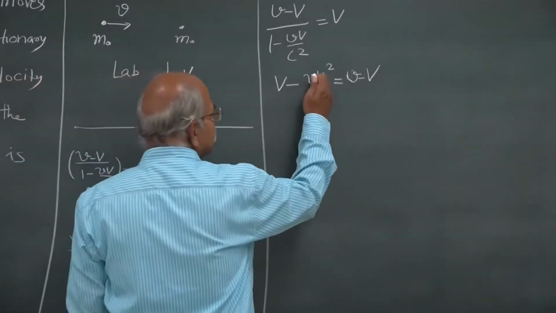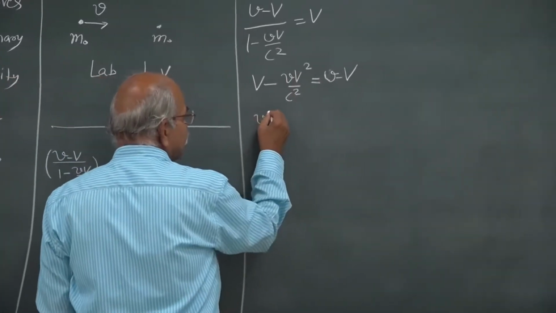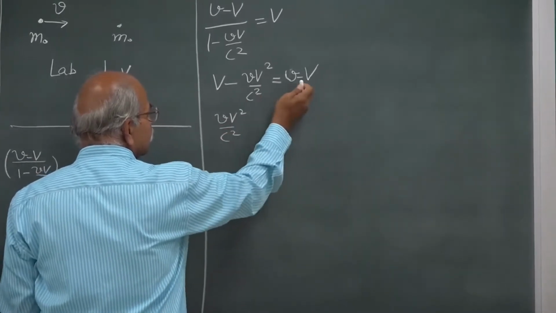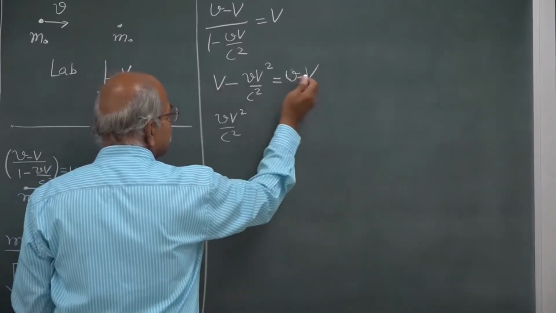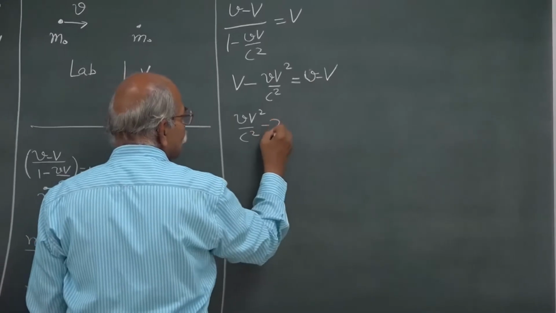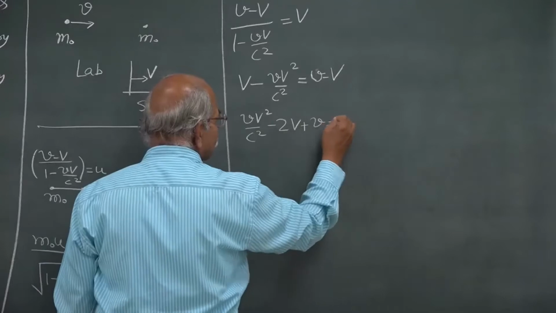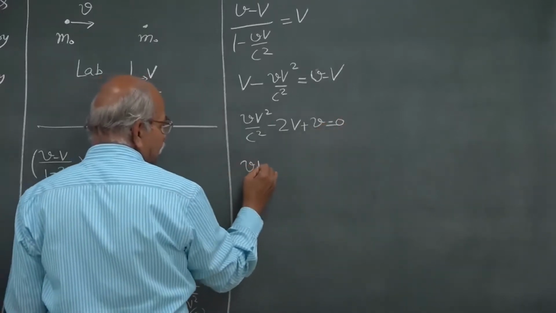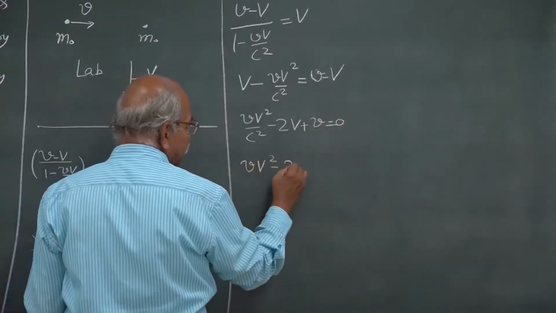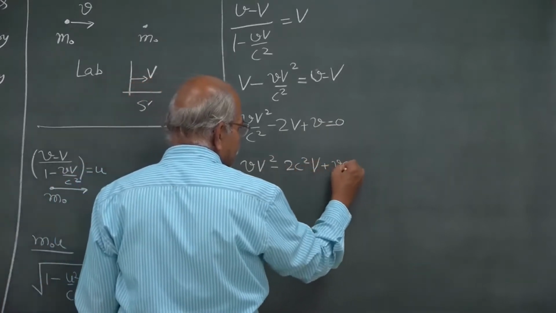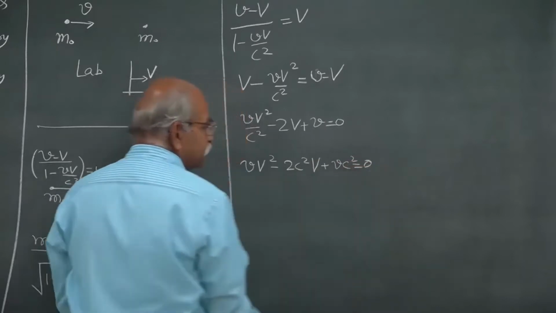So, this becomes positive, v capital V square by c square, that goes here. Then you have this v coming here. So, it will be minus 2v and this is plus small v, this is equal to 0, or v capital V square minus 2c square into V plus vc square is equal to 0.